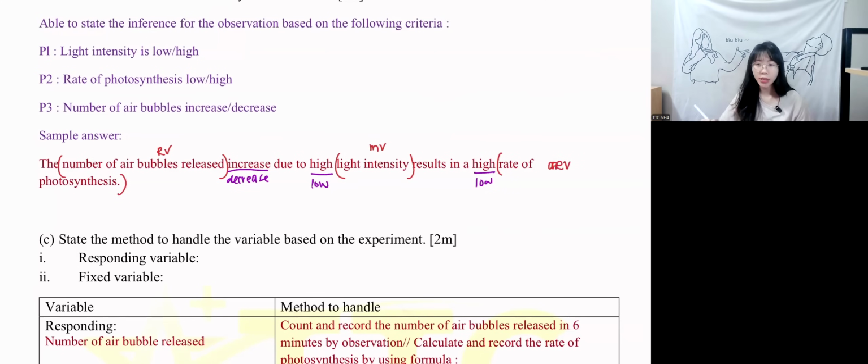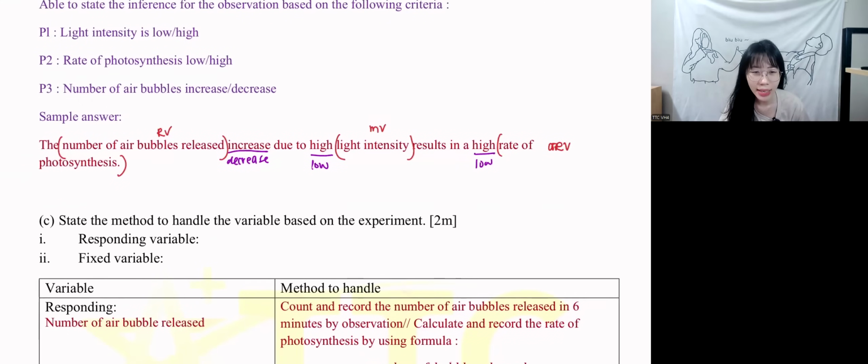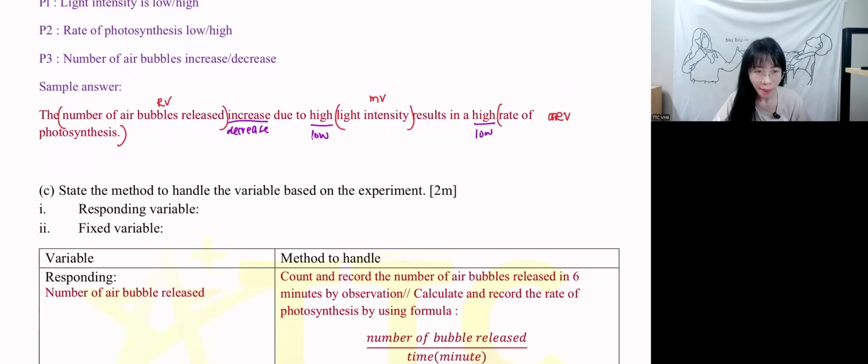Rate of photosynthesis is ORV. What does ORV mean? Operational responding variable, the one that you learn in your book. Number of air bubble release is what you see in your experiment. Both are responding variables. Usually when we write, we will always choose to write responding variable first before operational responding variable. State the method to handle the variable based on the experiment. Method to handle, we also have an answering technique.